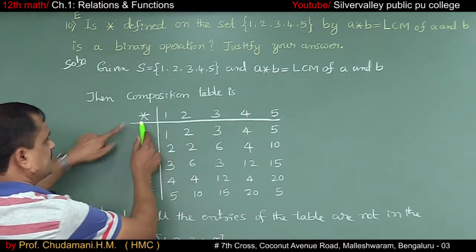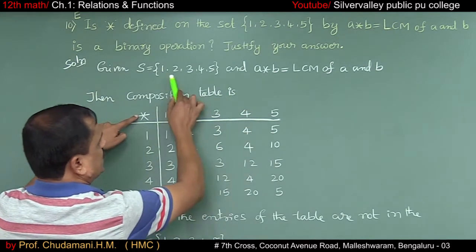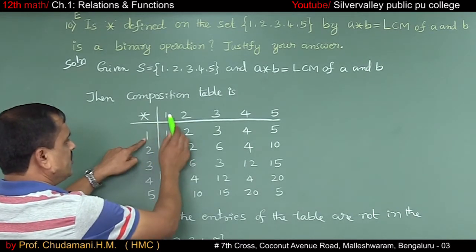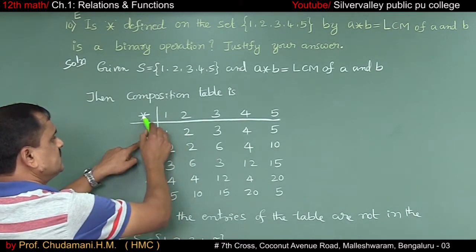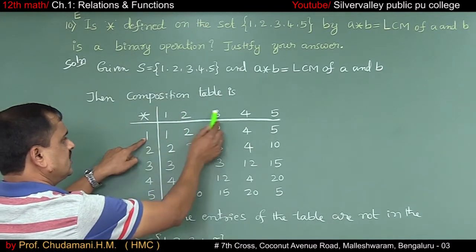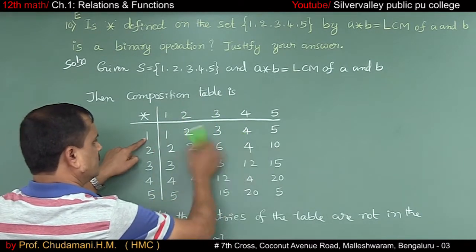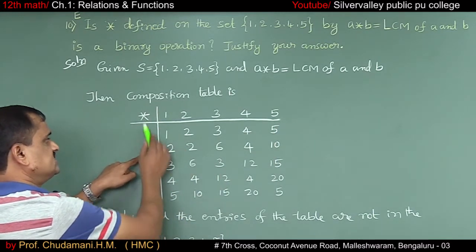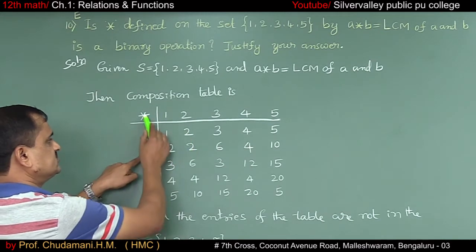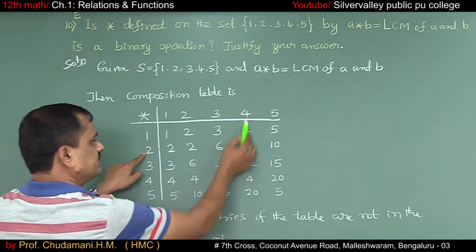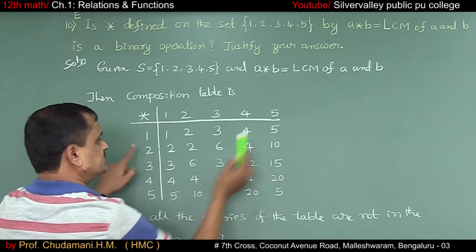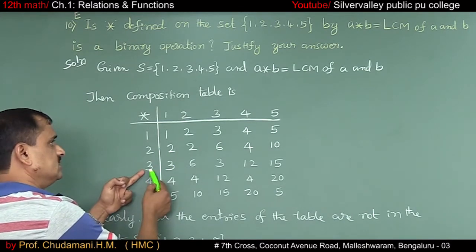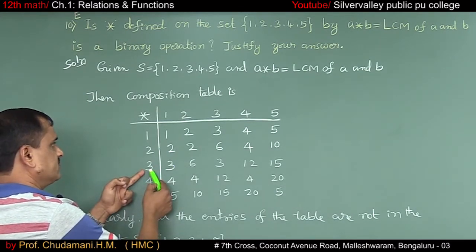Then the composition table: star, topmost row 1, 2, 3, 4, 5 and the column 1 star 1. LCM of 1 and 1 is 1. LCM of 1 and 2 is 2. 1 and 3, 3. 1 and 4, 4. 1 and 5, 5. LCM of 2 and 1 is 2. LCM of 2 and 2 is 2. LCM of 2 and 3 is 6. 2 and 4 is 4. 2 and 5 is 10. LCM of 3 and 1 is 3.